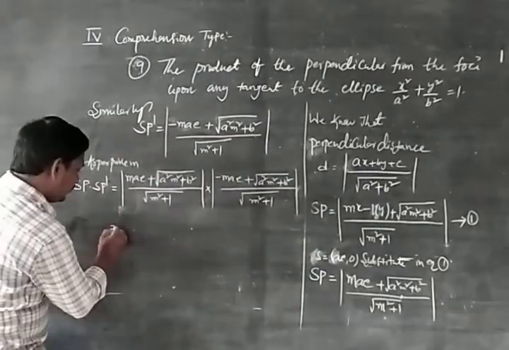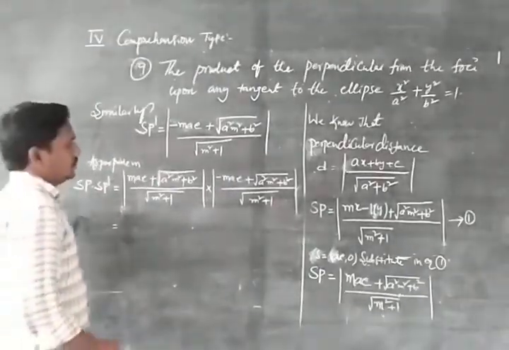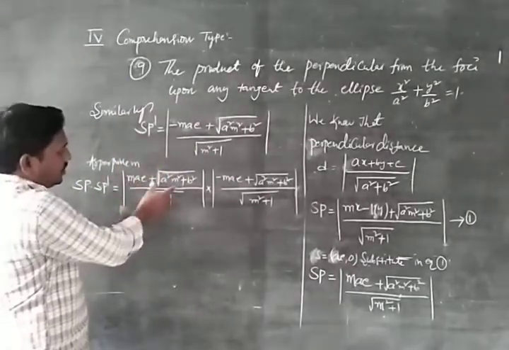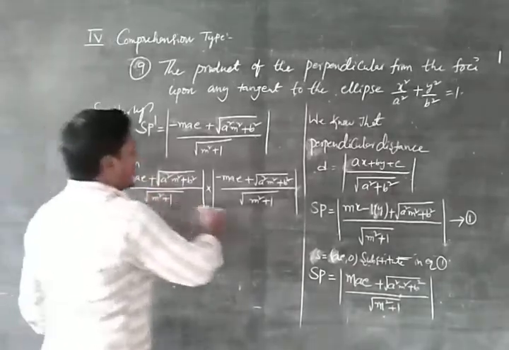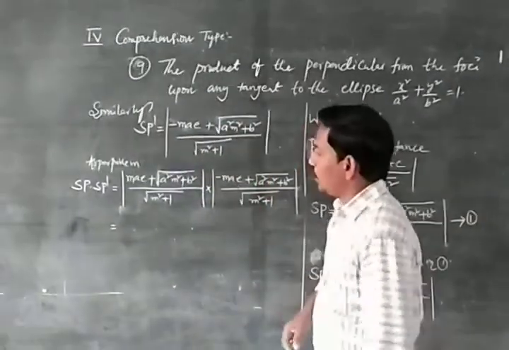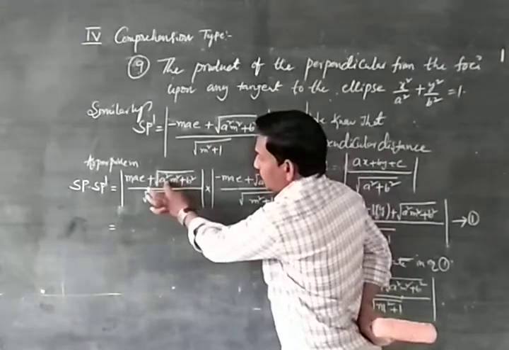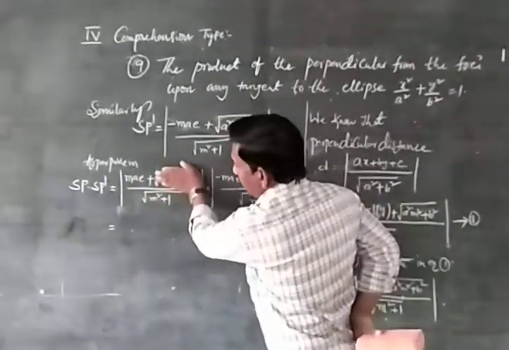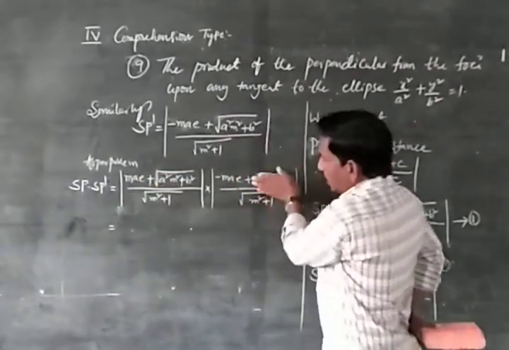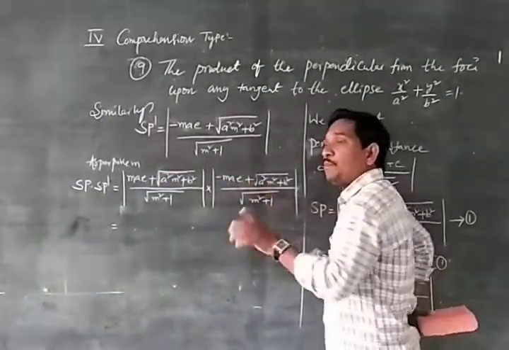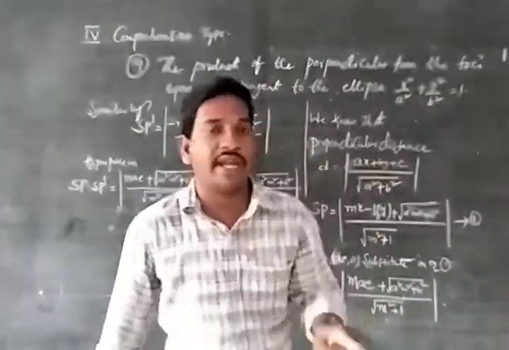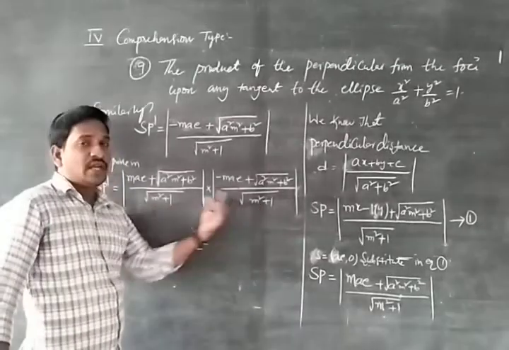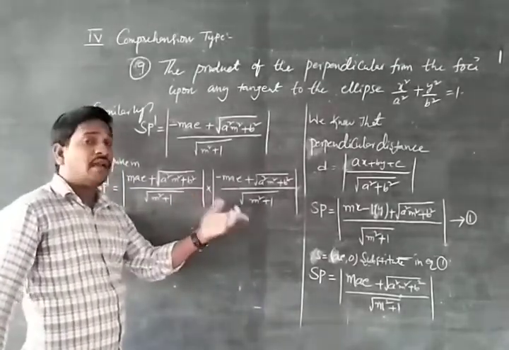And look at this: it is a plus b into a minus b, which gives a square minus b square. Look at root of a square m square plus b square. Both roots, this root into this root, both are square roots, so both are cancelled.